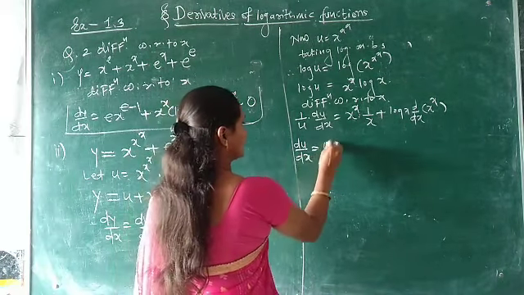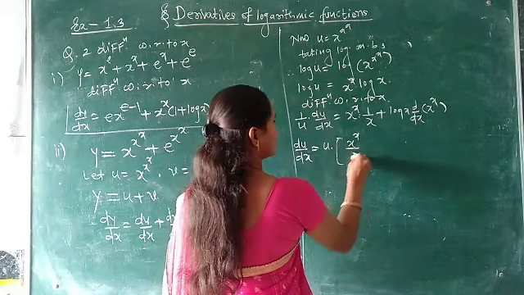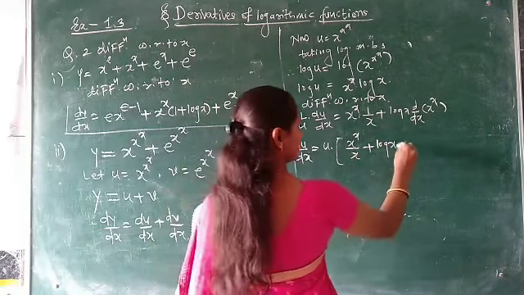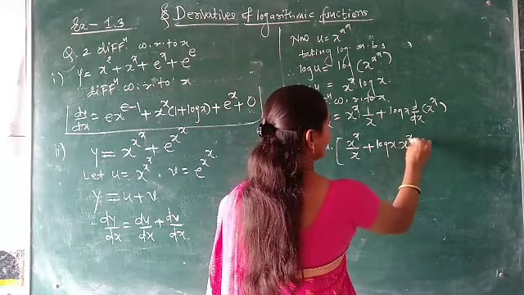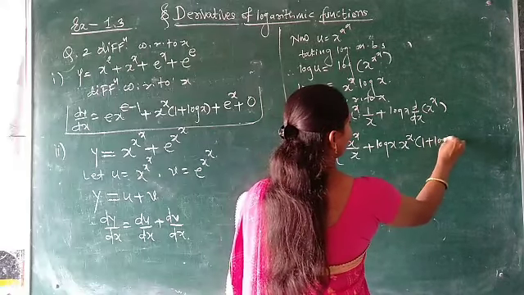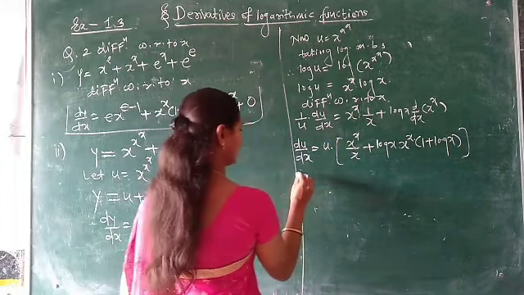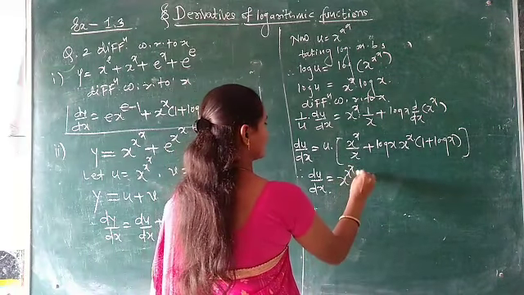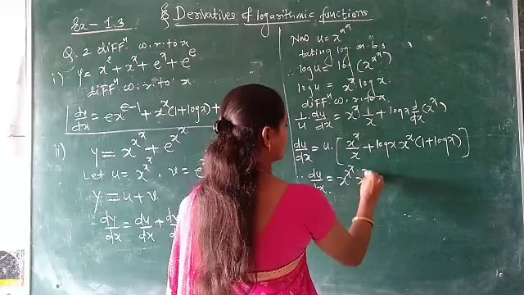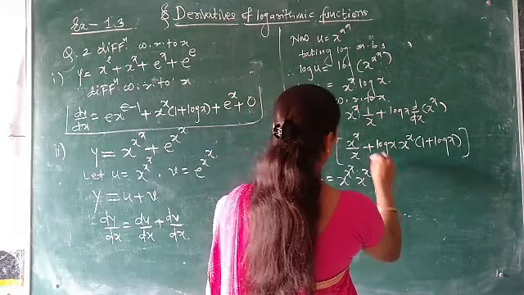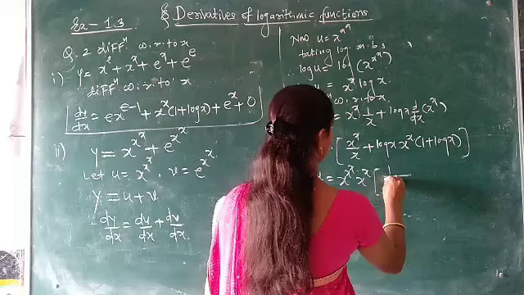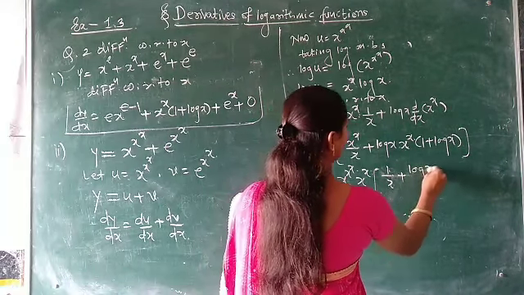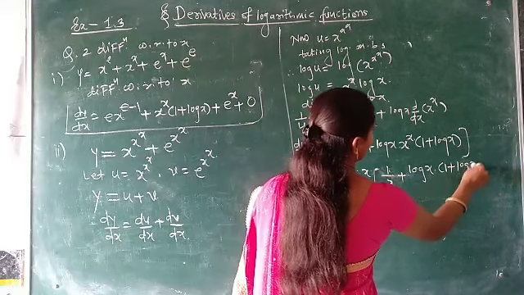du upon dx is equal to u into (x upon x plus log x into, what is the derivative of x raised to x? In the previous example we found this, that is x raised to x into (1 plus log x). Now write the value of u, that is x raised to x. From this we take x raised to x common. Then here we get one upon x plus log x into (1 plus log x).